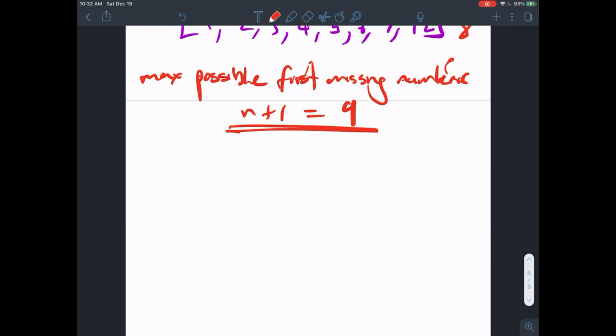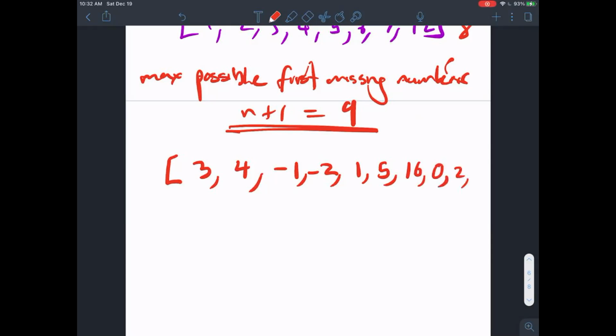Let me give you an example. Let's say we had these numbers: 3, 4, -1, -2, 1, 5, then 16, 0, 2, and 0. Okay, if we look at this, how many digits are there?